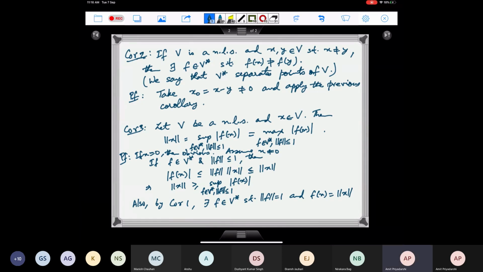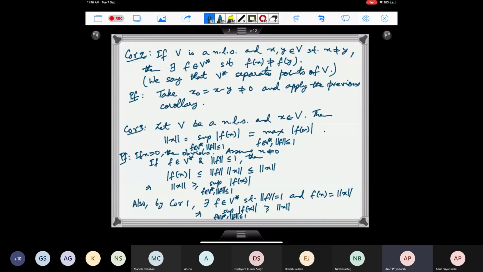So this implies that the supremum of mod f(x) has to be bigger than or equal to norm x.